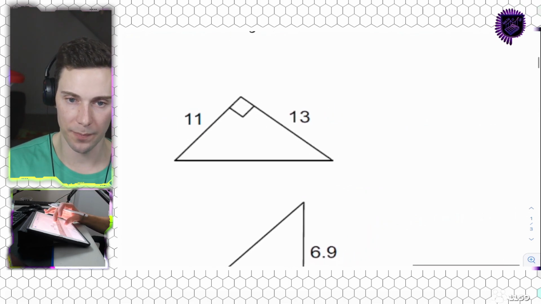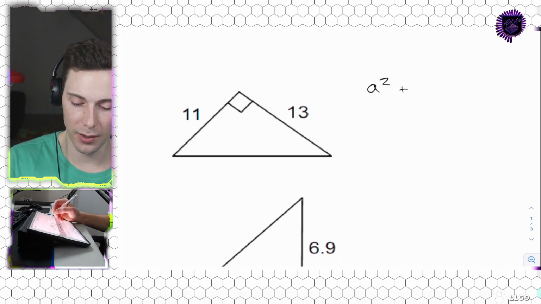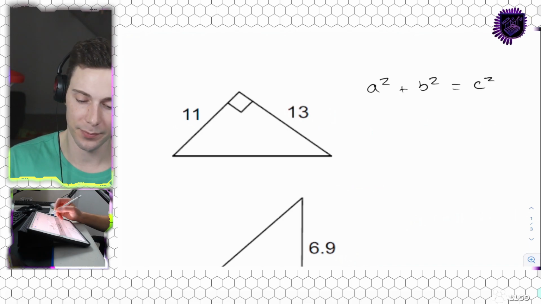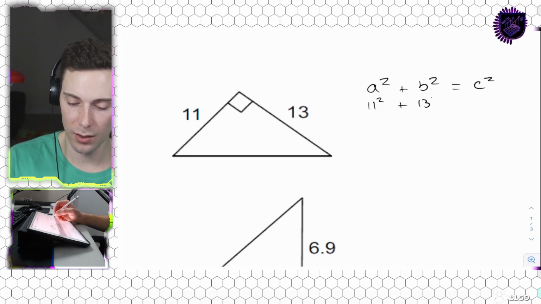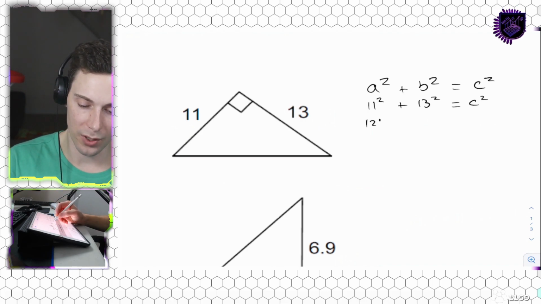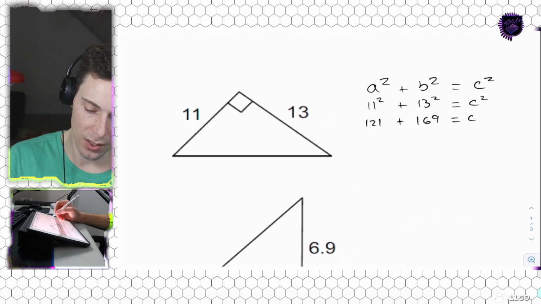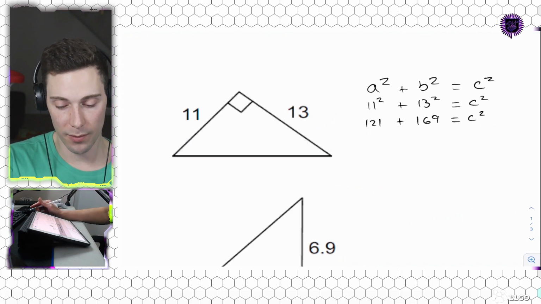Okay, this next one. Again, a squared plus b squared will be equal to c squared. 11 squared plus 13 squared will be equal to c squared. 11 squared is 121 plus 13 squared, which is 169, is equal to c squared.